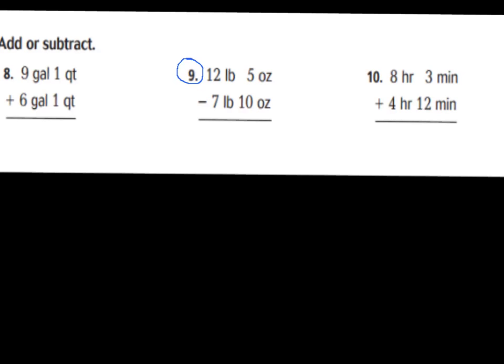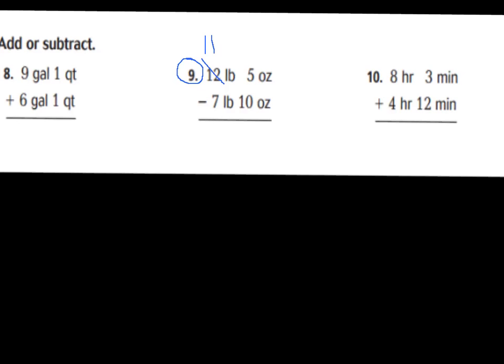So it says 5 ounces minus 10 ounces. Well, I can't do that. I need to regroup. So I'm going to take away 1 pound from my 12 pounds, and I'm going to make that 11 pounds. Now, since I took away that 1 pound from my 12 pounds, I need to add a pound to my 5 ounces.